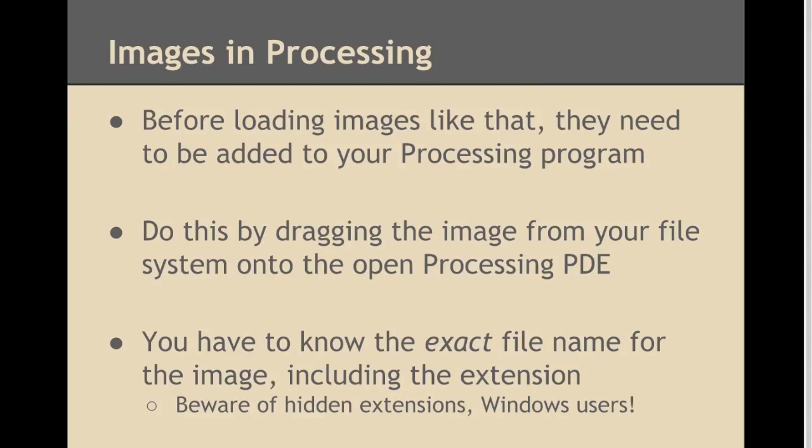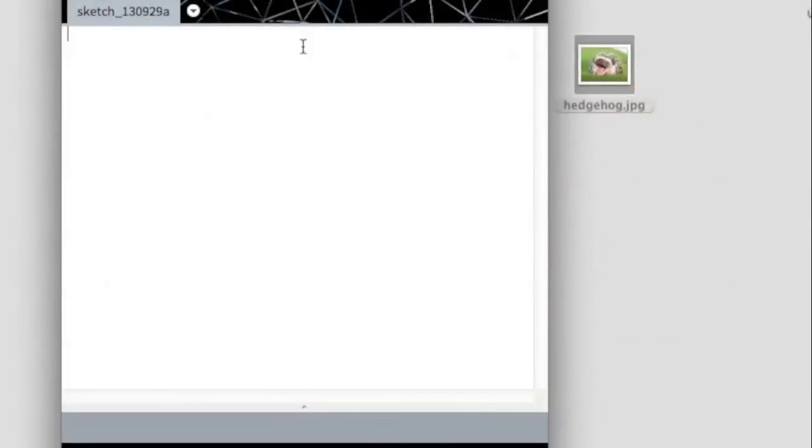All right, so let's take a look at a quick little example, and then we'll come back and discuss sounds. In this little example, I've created just a sketch, so it's blank at this point, and outside of it you'll notice that I've got on my desktop a little picture of a hedgehog. So I'll write a program that displays that image in the display window.